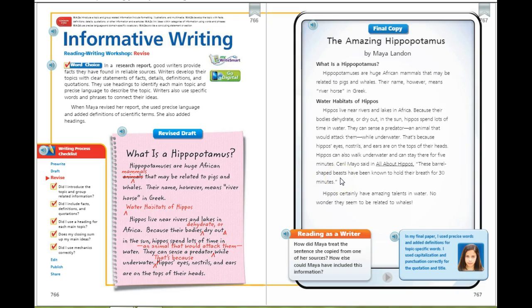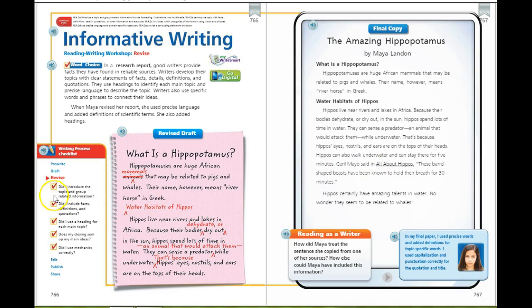Okay. She could have also put these in her own words, but really this is something that definitely should be quoted because that's a very creative way to say it.